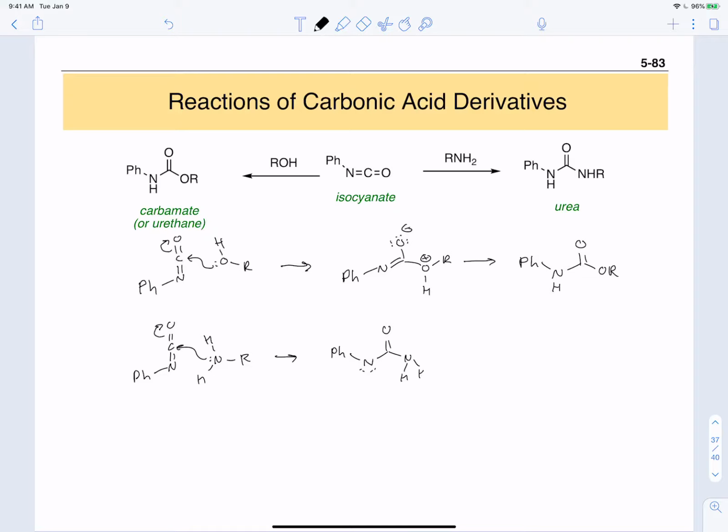I will draw this out. And then more proton transfers will give you, in this case, potentially an unsymmetrical urea.